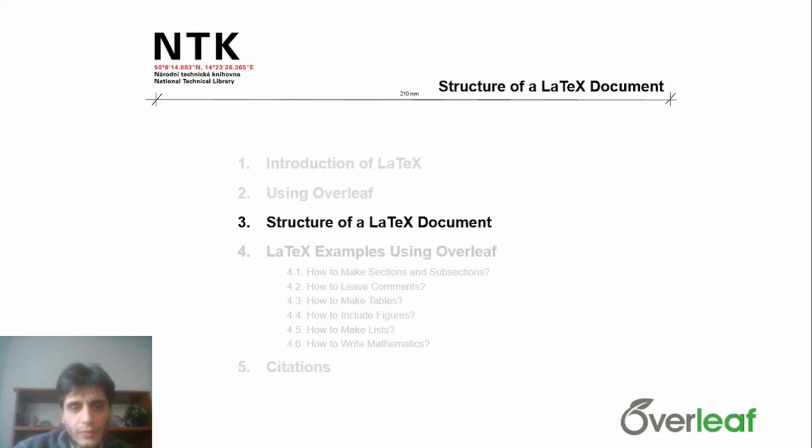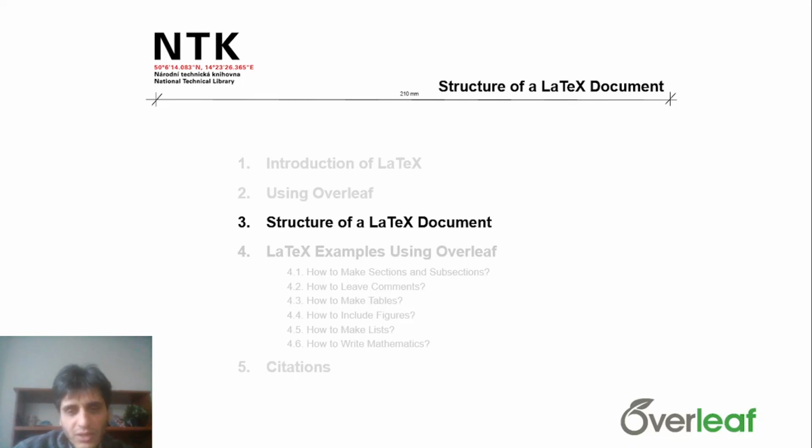So let us generate the first LaTeX document via Overleaf. Before we learn how to create the first document, we have to be familiar with the Overleaf environment. How can we register? How can we log in?